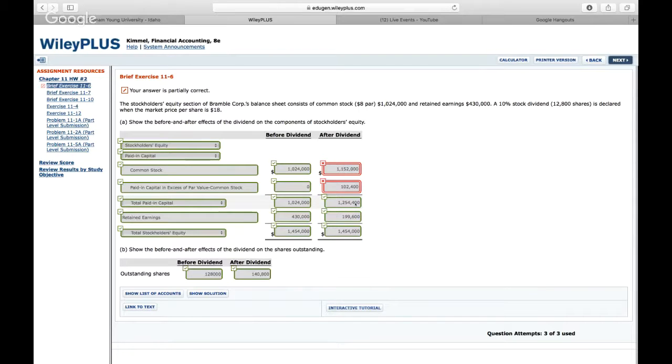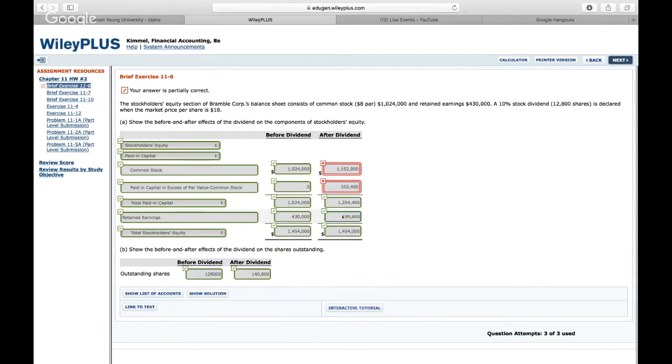Then for retained earnings, we're going to take the 430,000 before dividend, and we're going to subtract the 230,400 that was up here.